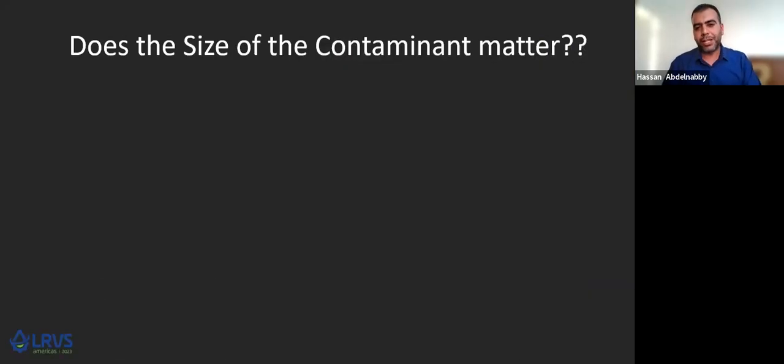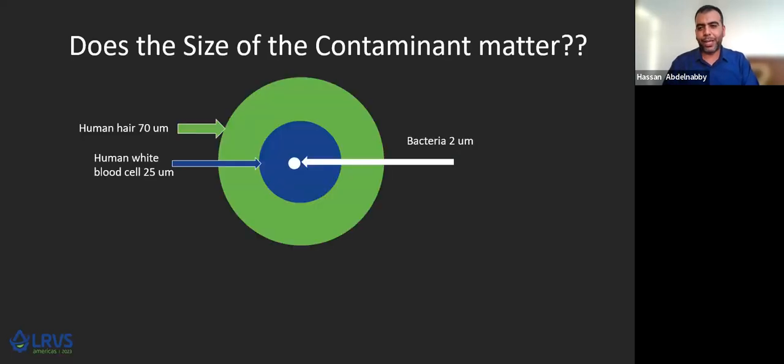So does the size of the contaminant really matter? If you can imagine, the human hair is 70 microns, and what we are trying to fight here is 12 microns or something like that, even 4 or 5 microns in servo motors.